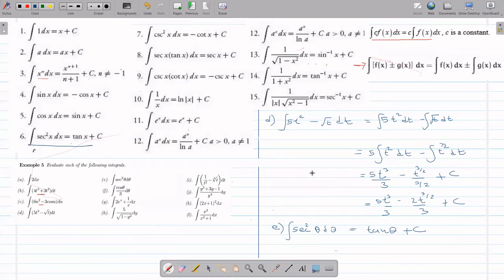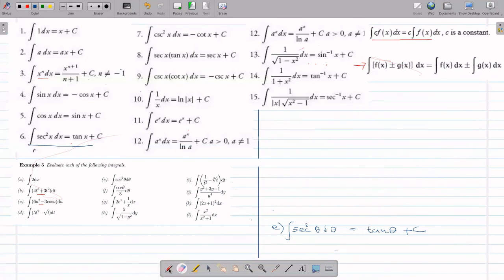Okay. Then I'll do 2 more. Here I don't have something like cos over 3, but this 3 is a constant, no?